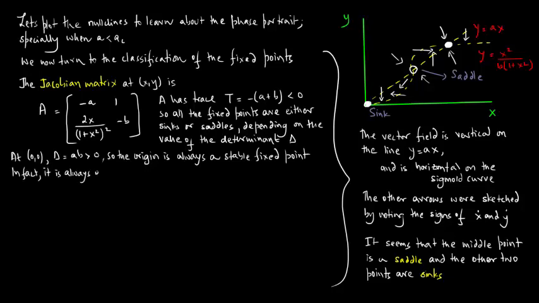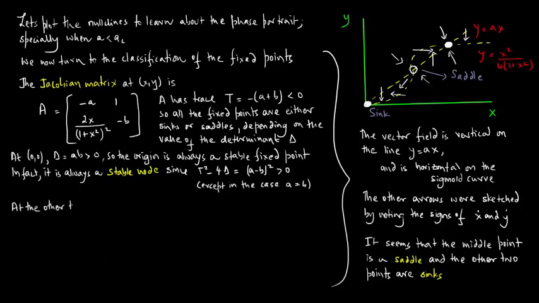In fact, it is always a stable node, since tau squared minus 4 delta is equal to a minus b whole squared, greater than 0, except in the case a is equal to b.